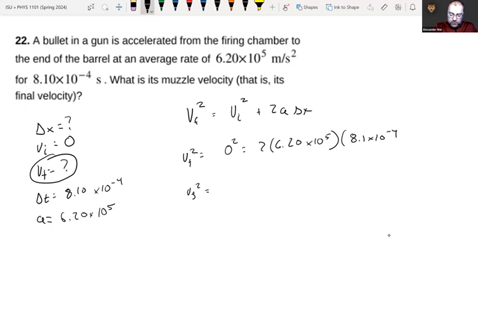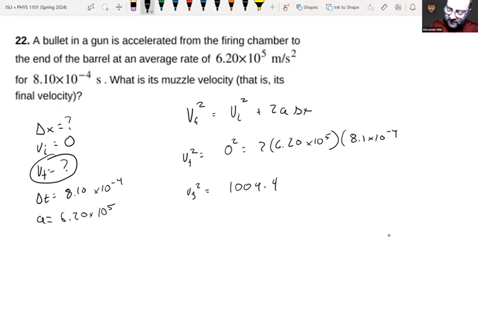So 6.20 times 10 to the 5th, times 8.1 times 10 to the negative 4th, times 2. And that would be 1004.4. Now notice, that's too many sig figs. I'm only allowed to use 3 sig figs, but I'm going to keep it until the end, and at that point, I will use 3 sig figs.